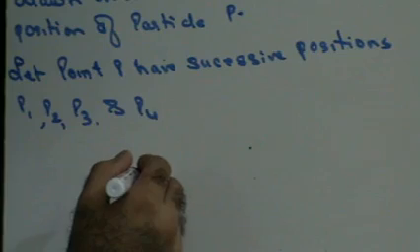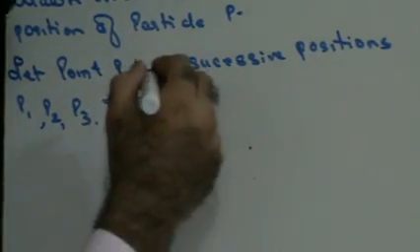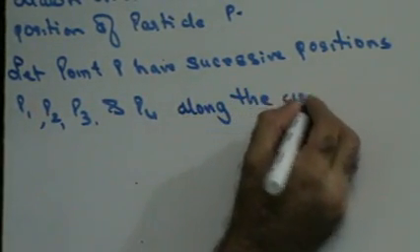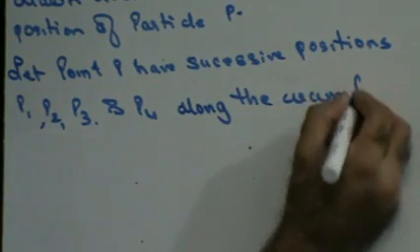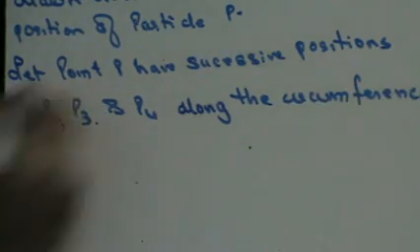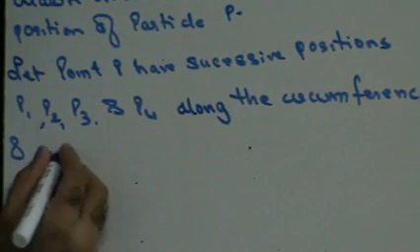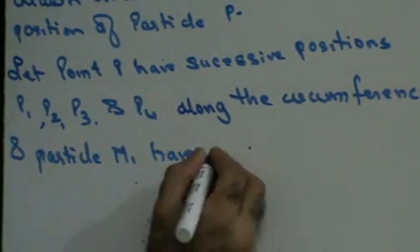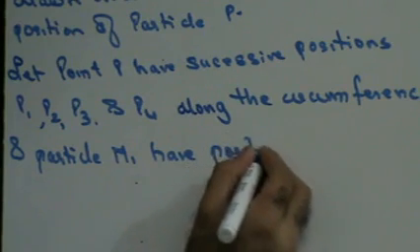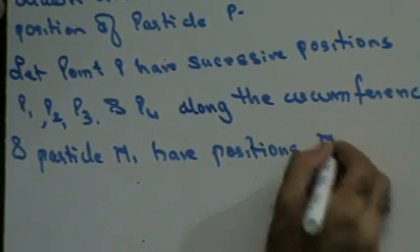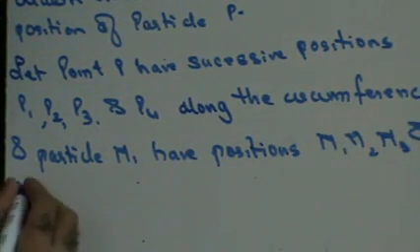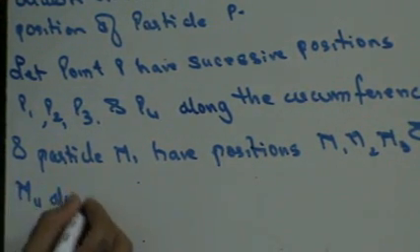And along the circumference, and particle M have positions M1, M2, M3 and M4 along the diameter.